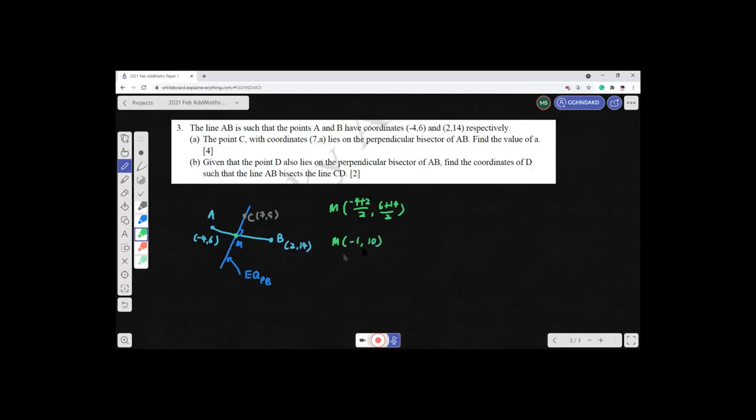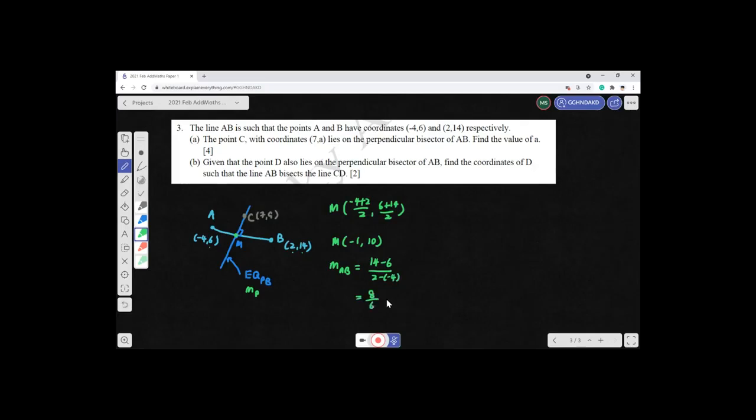Okay, so this is the midpoint when you find already. But then you are required to find the equation of the perpendicular bisector. So what is the gradient of this perpendicular? First of all, I still need to find the gradient of AB, which you use y2 minus y1. This is your y2, 14 minus 6, and then x1 minus x2 to find the answer.